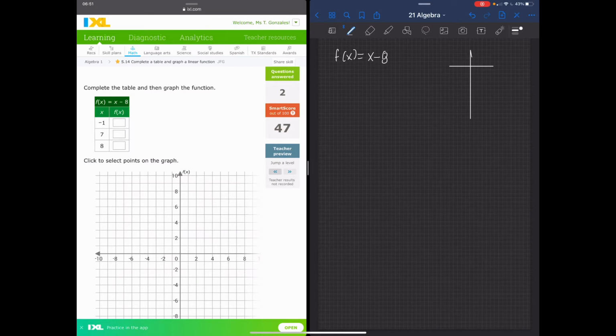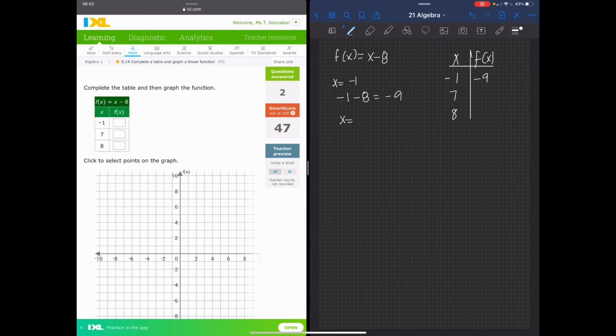Okay, our function is f of x equals x minus 8. So in this case, we're saying that x and f of x, they gave us 3 points, -1, 7, and 8. X equals -1, so I have -1 minus 8 equals -9.